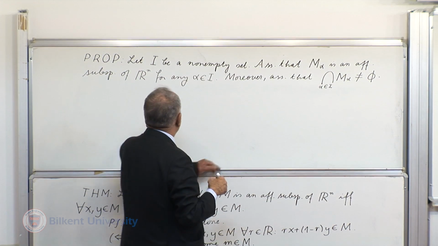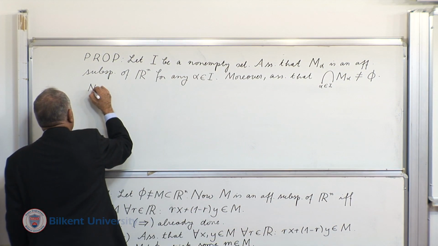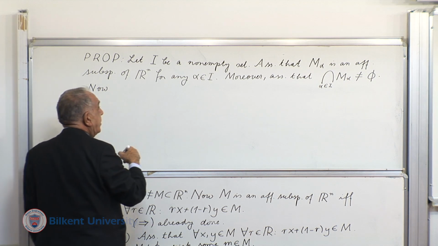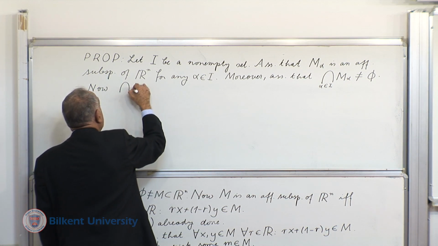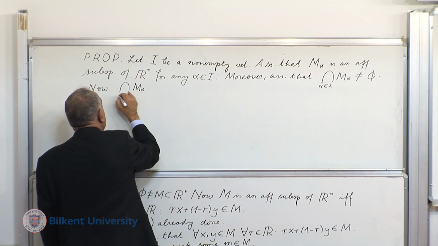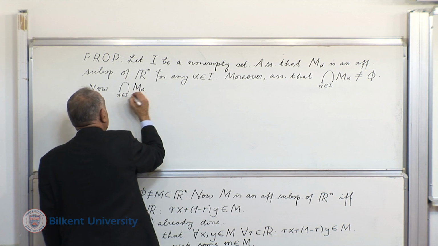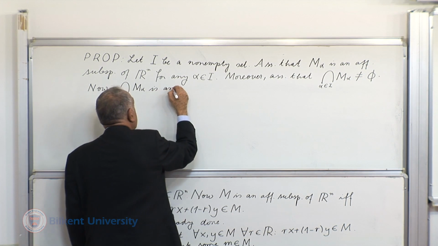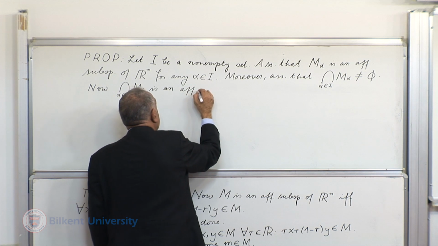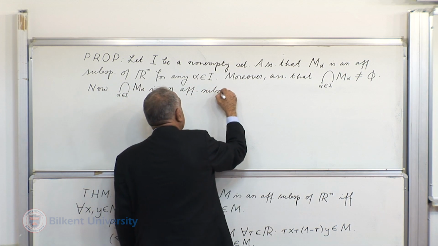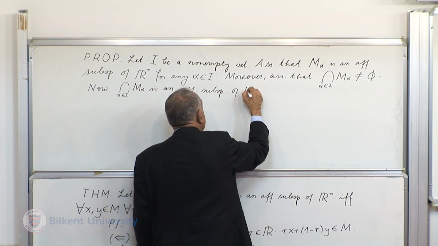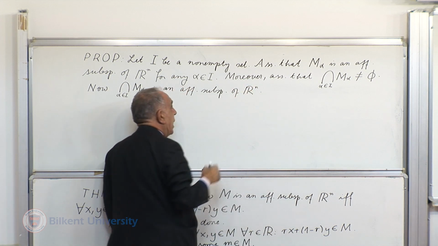Then the conclusion is that the intersection of M alpha, alpha in I, is an affine subspace of Rn.